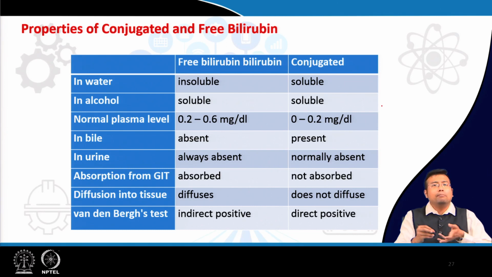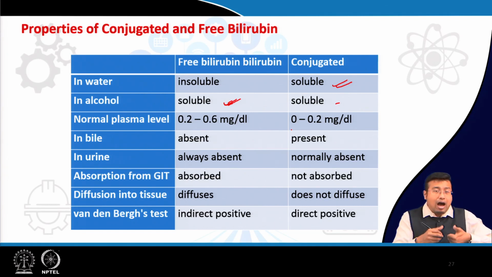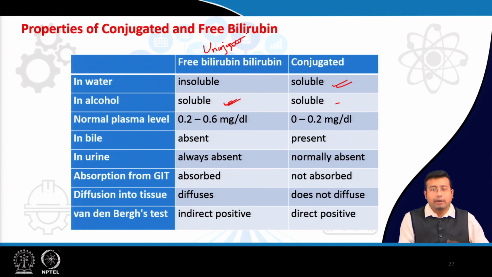So, there are some differences between free and conjugated bilirubin. Of course, solubility in water is an issue, however, both are soluble in alcohol, mind it, right, in organic solvents. Plasma level of unconjugated bilirubin, or free bilirubin, is more compared to conjugated bilirubin.